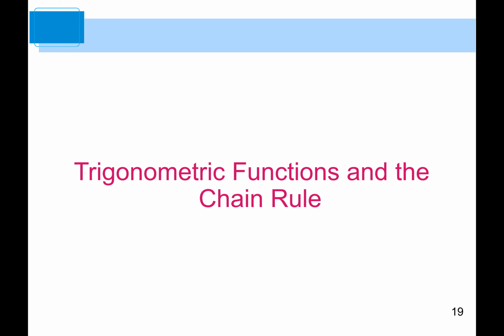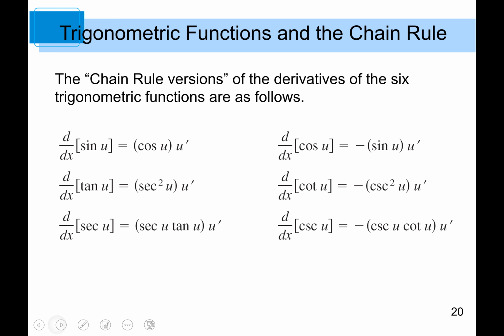And the very last thing, we're going to take a look at trigonometric functions and the chain rule, right? Apply the chain rule to trigonometric functions. So the derivative of sine u equals cosine u times u prime. So differentiate sine u becomes cosine u, and then differentiate the inner function, times u prime.